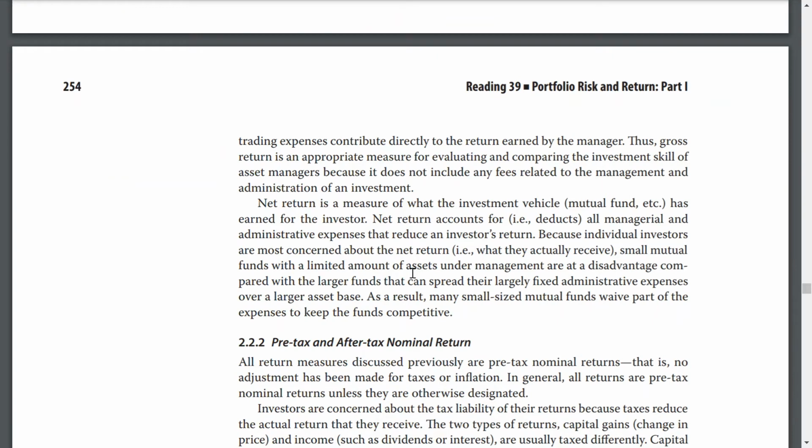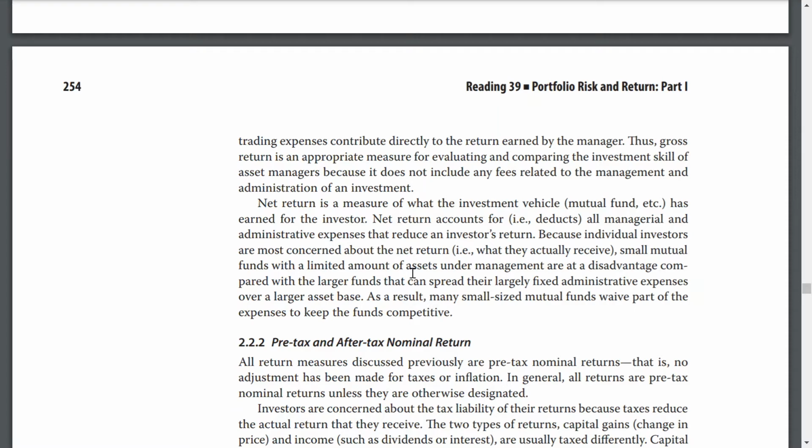Thus, gross return is an appropriate measure for evaluating and comparing the investment skills of asset managers because it does not include any fees related to the management and administration of an investment. Net return is a measure of what the investment vehicle, mutual fund, etc. has earned for the investors.